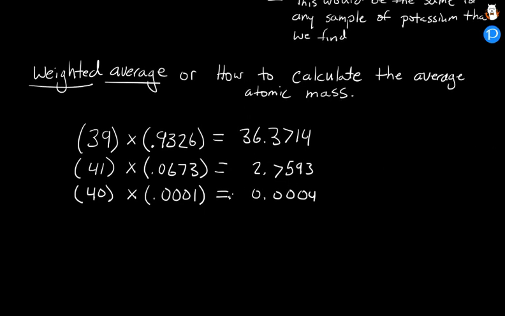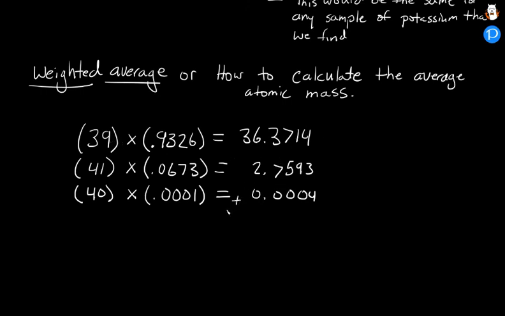So again, you can see how 0.0004 is basically nothing, right? So most of the weight, again, is with this one right here, which makes sense because I find that one 93% of the time.